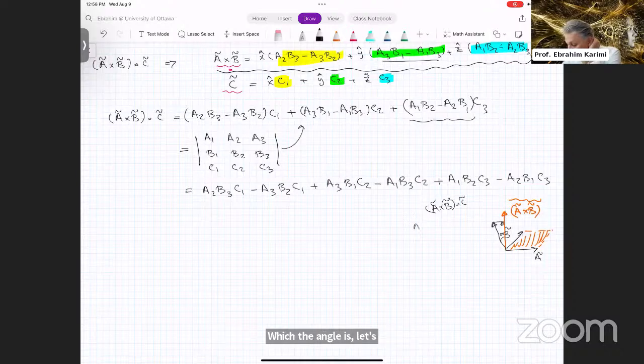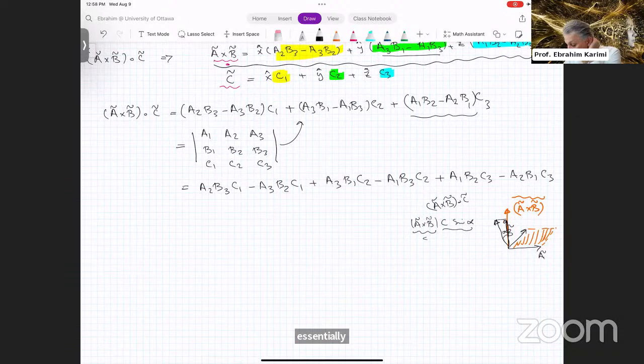So indeed I will have the magnitude of A cross B times C sine of theta, or sine of alpha, which is essentially giving this orthogonal length, and then A cross B, which is the surface.